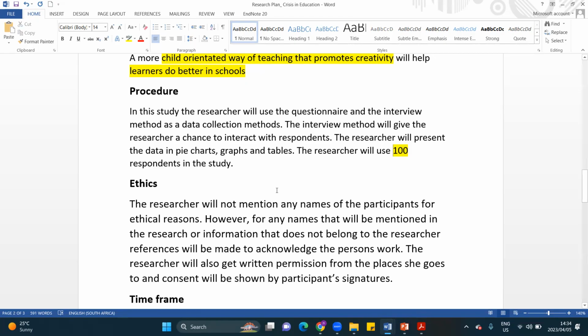It says in the study, the researcher will use questionnaire and interview method as a data collection method. The interview method will give the researcher a chance to interact with the respondents. The researcher will present the data in part. Do we know where the learner is going to conduct the study? Anyone?